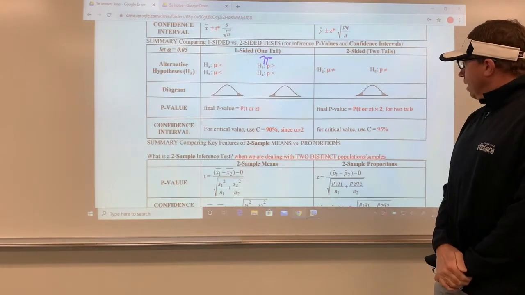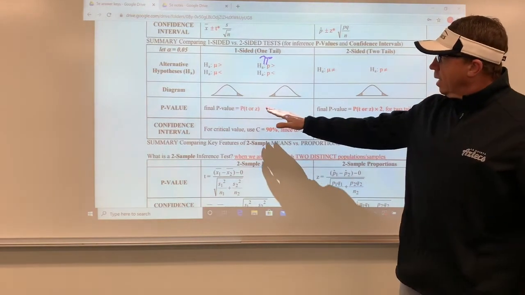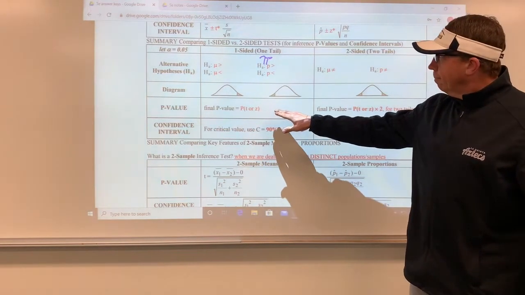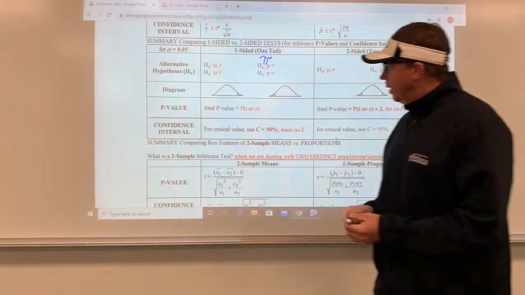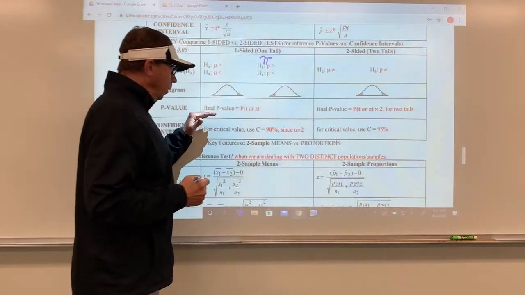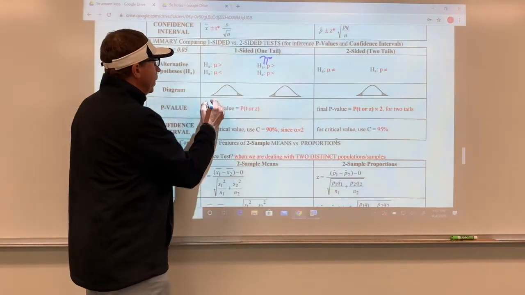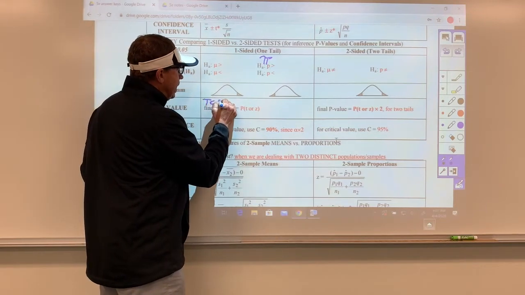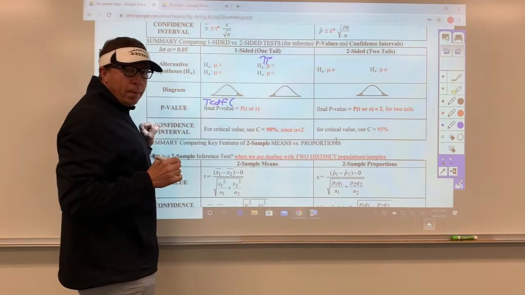So when you find the p-value by hand, if you're doing a one-sided test for a mean on the calculator, it would be t-CDF, and you would type in your t-score.